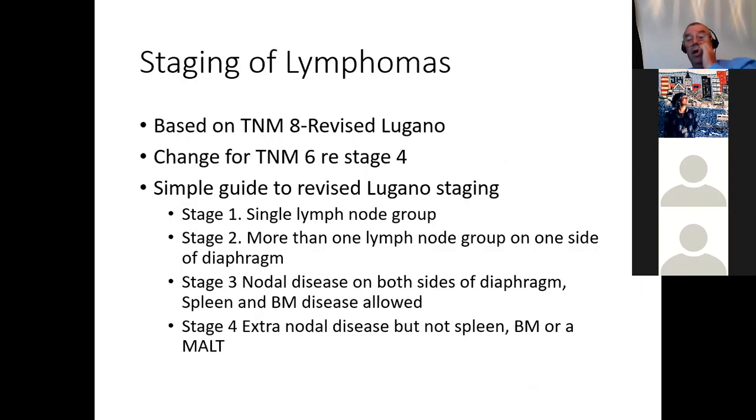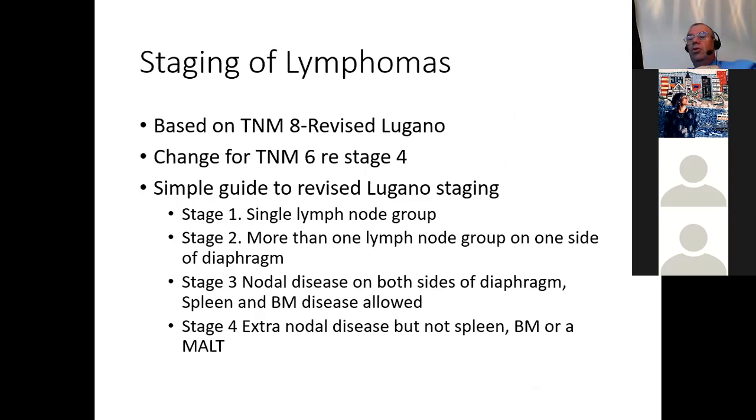So just before the break, I'm going to talk a little bit about lymphomas, staging of lymphomas, and these days we base this on TNM 8, which is also known as the revised Lugano. And there was a big step change from TNM 6, which was published about 15 years ago, particularly with stage 4 disease.